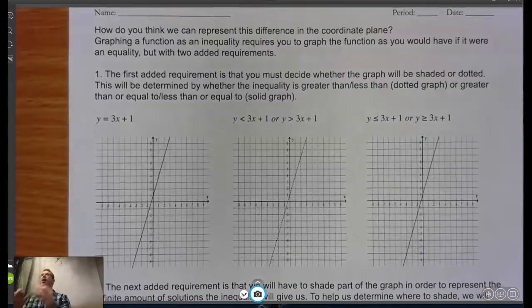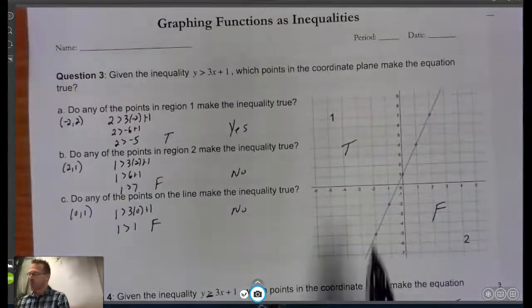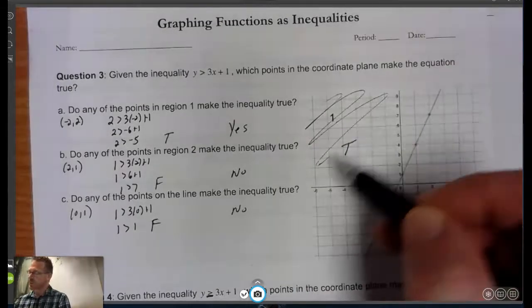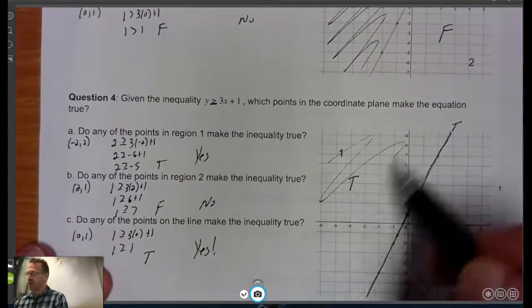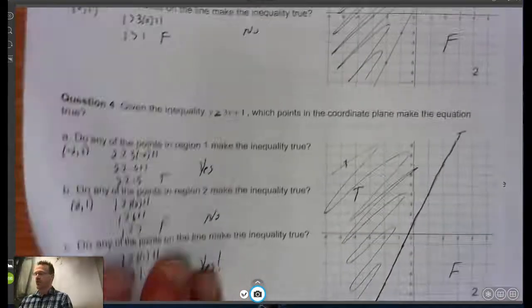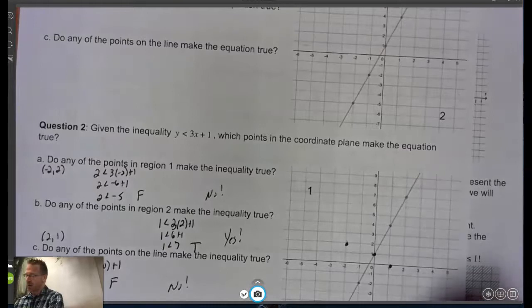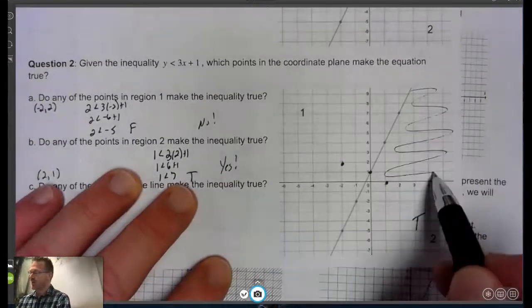Now, how do we represent those solutions? We shade the true region. If I go back to question 3, we always shade the true region, so I would have shaded all of this upper left right here. Same thing down here, I would have shaded the upper left. For question 2, it was region 2 that was true, down here, and I would have shaded all of that region.